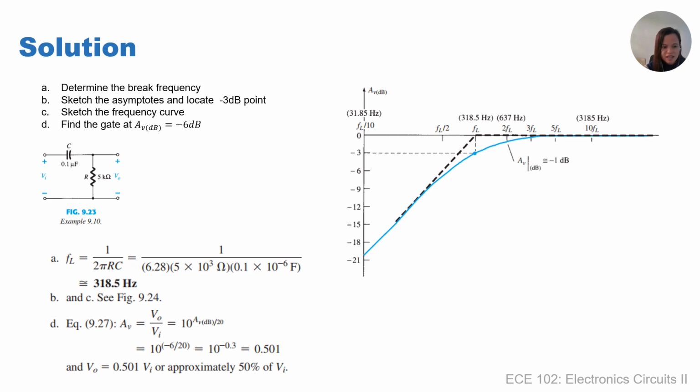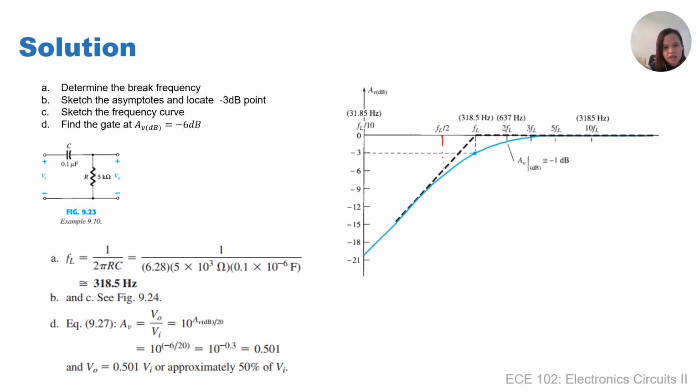To sketch the asymptotes from the negative 3 dB point, we'll use the values we already got from our previous calculation. Whenever the frequency is 1/2 of FL, we have negative 6 dB. So at FL over 2, the drop is negative 6 dB. For FL over 4, it should be at negative 12 dB.